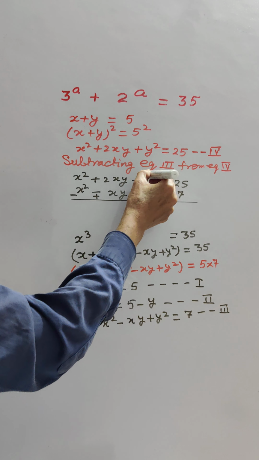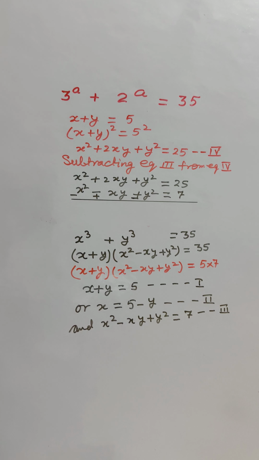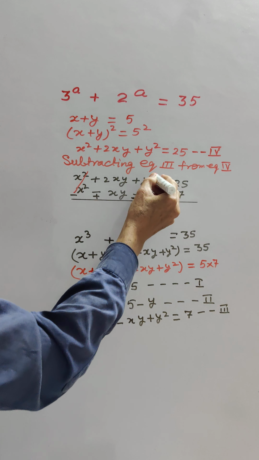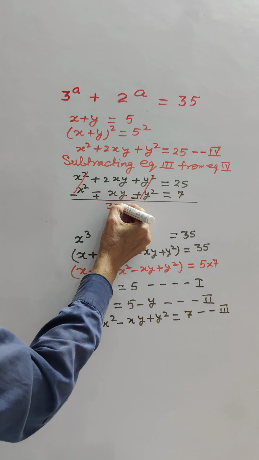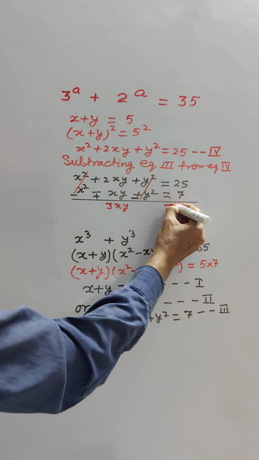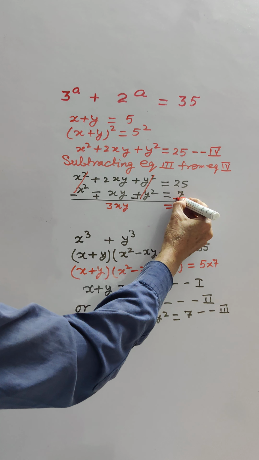We consider minus here, so this way x square is cancelled with x square, y square is cancelled with y square, and this 2 plus 1, that is 3xy is equal to, it is also minus, 25 minus 7 is equal to 18. So 3xy is equal to 18.